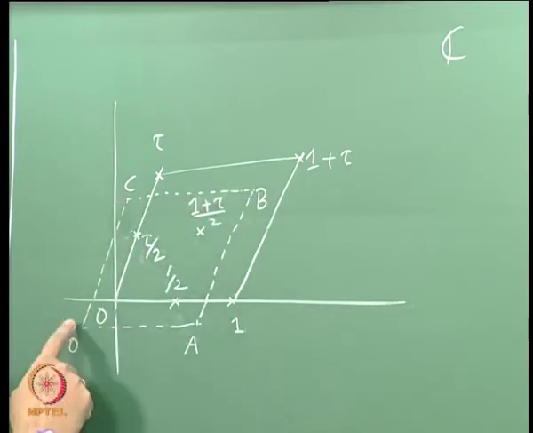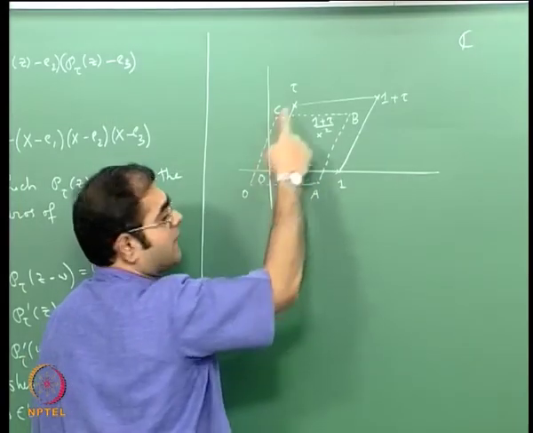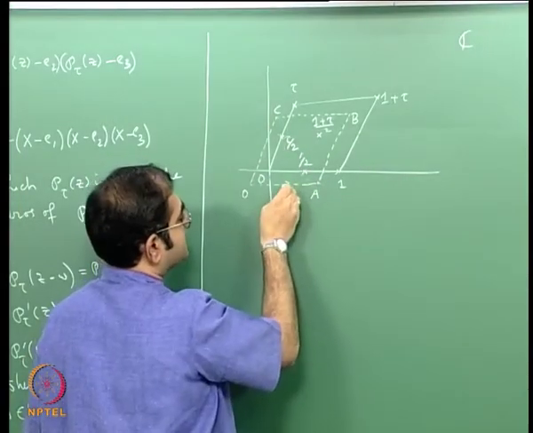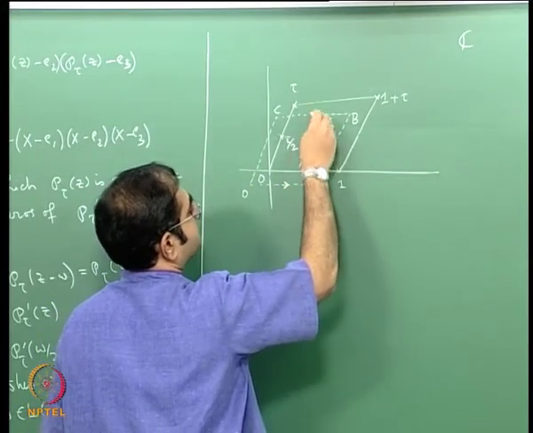If I want to integrate along the edges of this parallelogram as a closed path, then the orientation I take is the counterclockwise orientation. So the orientation is like this.